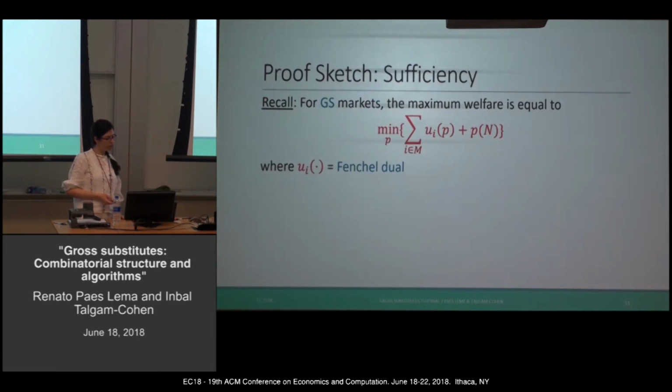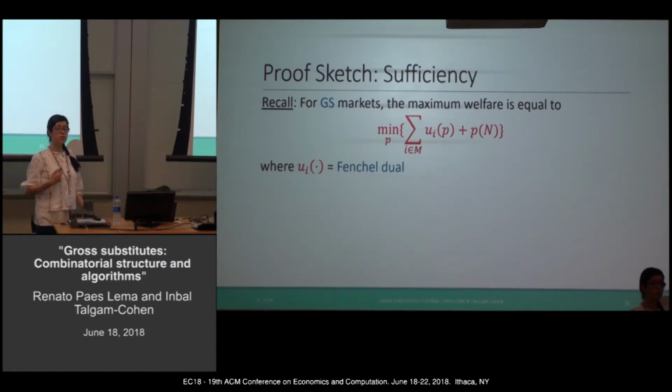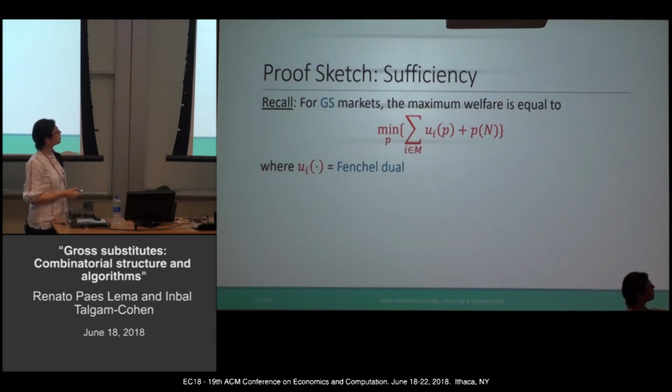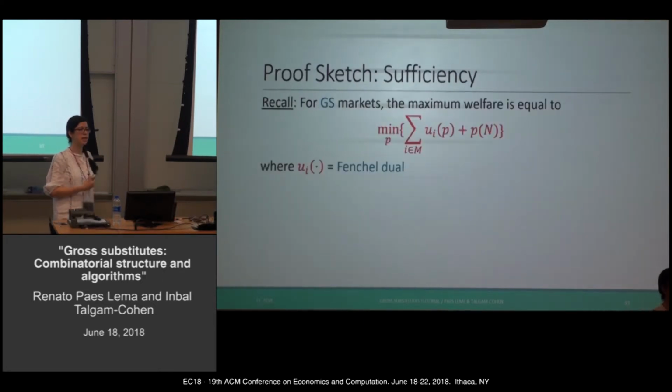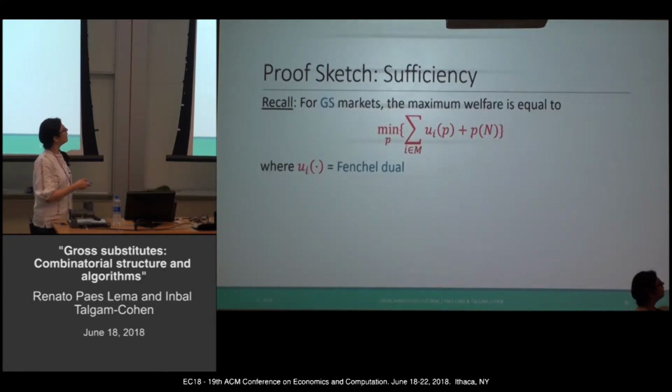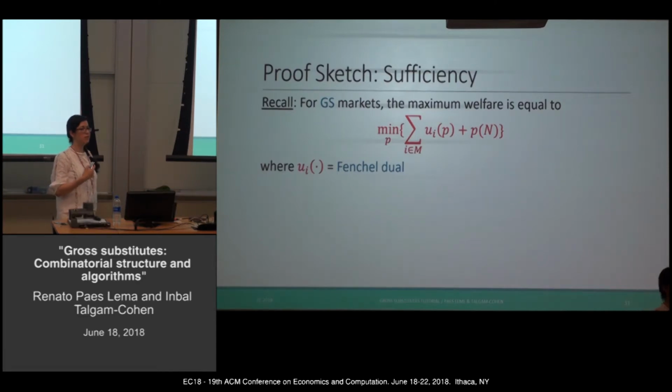Okay, so I want to do a proof sketch. And this will tie in a lot of the technical definitions we've had so far. So let's start first with sufficiency. I want to show you that if I assume gross substitutes, I get buyer submodularity. Remember that in the preliminary part, for GS markets, the maximum welfare is equal to this minimization over all price vectors.